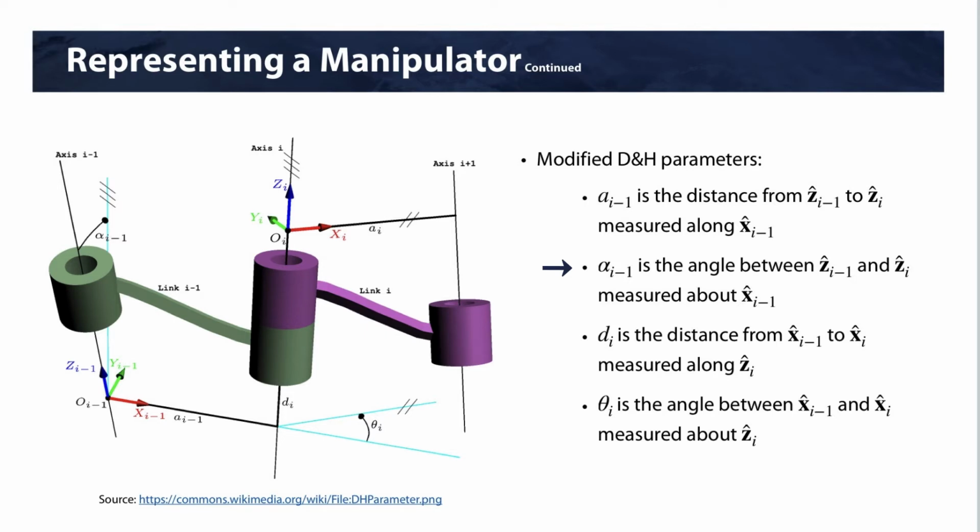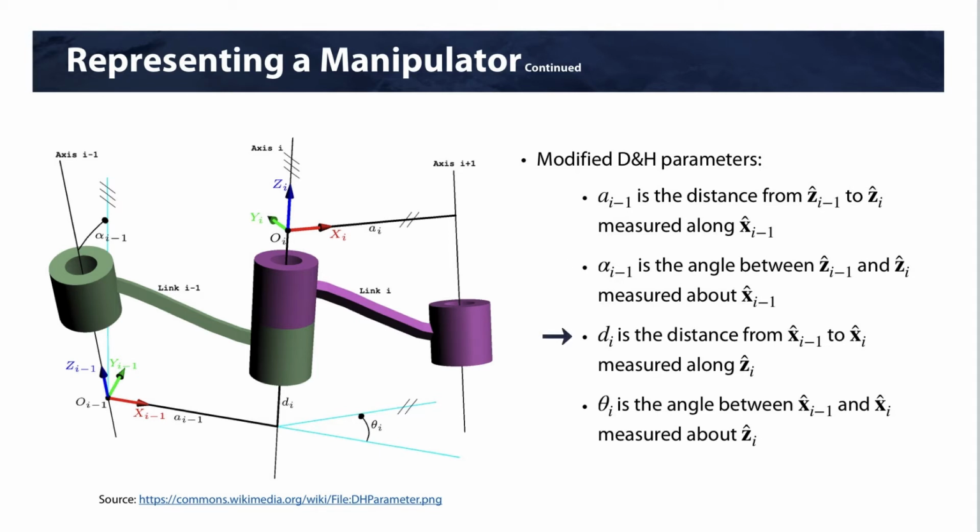You put your thumb in the direction of the X_(i-1) axis, and if the rotation is curling about your thumb, that's a positive rotation. If it's going the other direction, that's a negative rotation. So keep that in mind as you go through assigning your D&H parameters. You really need to understand where it's positive and negative in terms of rotations. So that's our second D&H parameter, alpha_(i-1).